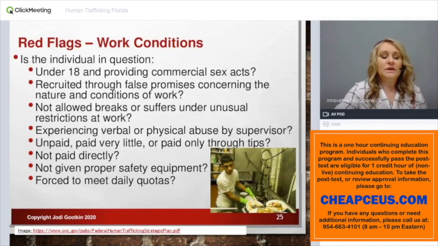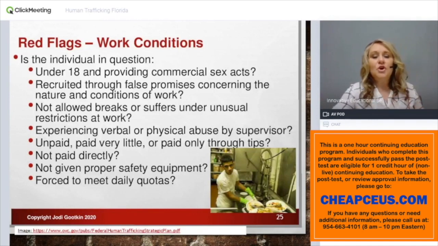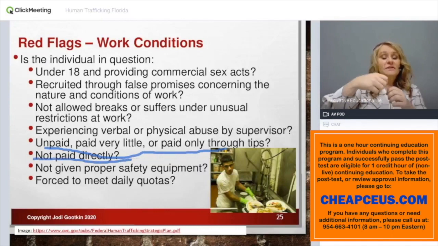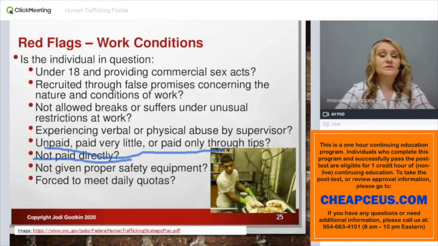If the individual is in a situation where they have little to no wage, the money they're making is a very low salary, and they're not paid directly. Their salary is given to someone else and then doled out to them. If the individual's injuries are from a lack of safety equipment, oftentimes when individuals are being labor trafficked, the focus is not on safety, so equipment is not available.